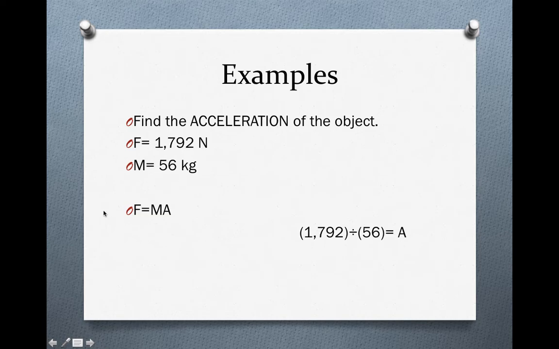So we are going to solve our algebraic equation, and we are going to divide both sides by m this time, because we want to cancel out these two m's here and end up with a by itself. All right, so we're looking for this number here.